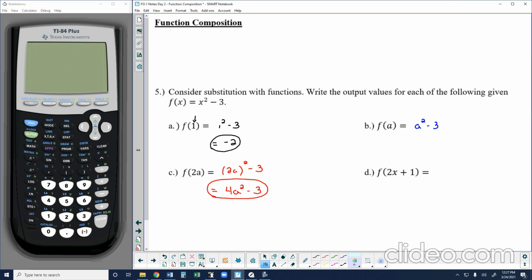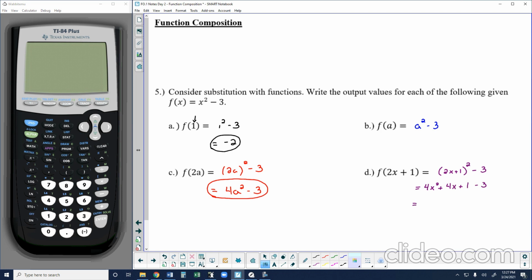In D, we're substituting in now more than just a variable, but a binomial expression. So we would substitute in 2x plus 1, again replacing the x with this expression. And so that expression would be squared, and then we would subtract 3. When we square 2x plus 1, we would get 4x squared plus 4x plus 1, and still have minus 3.